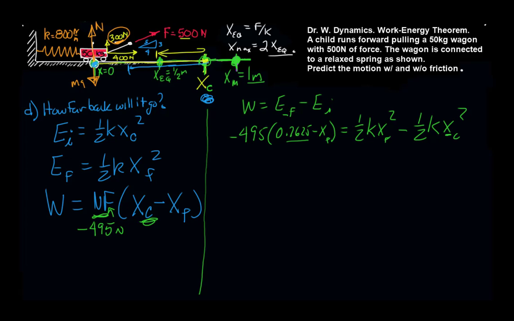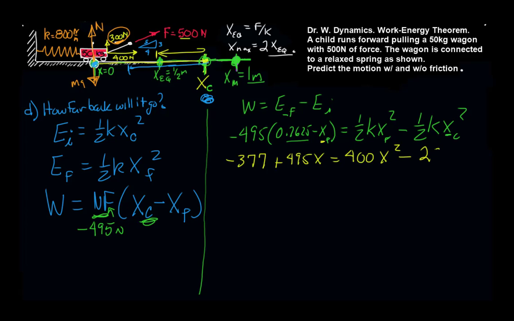From here we'll get negative 377 plus 495x, I'll just call it x for now, is 400 x squared minus 233.